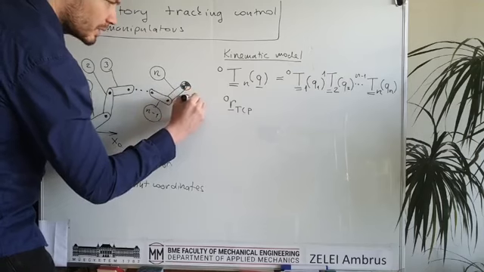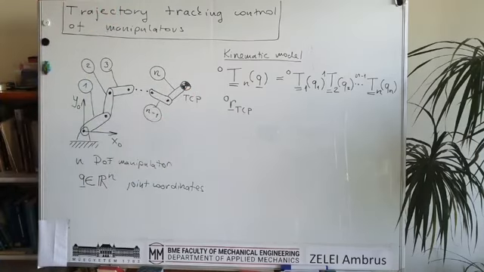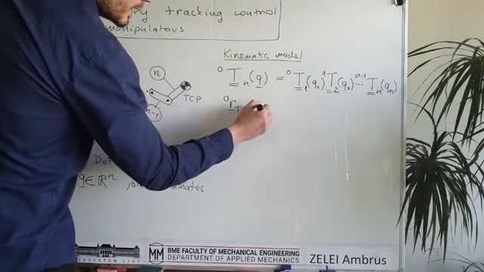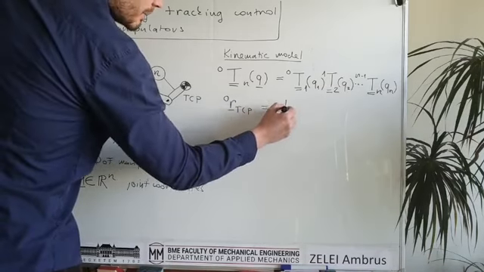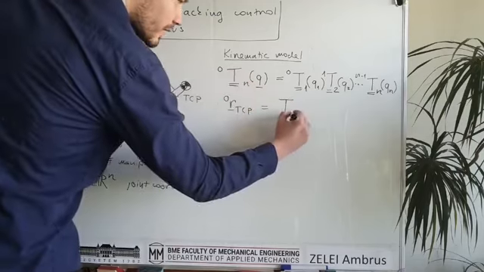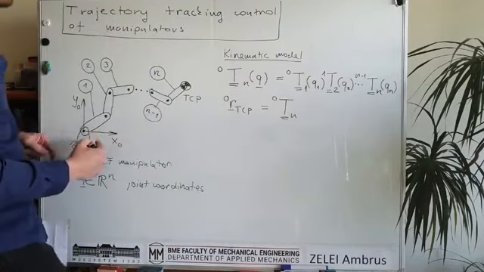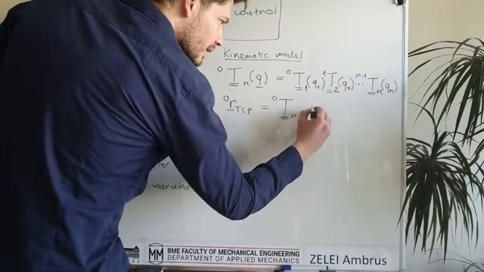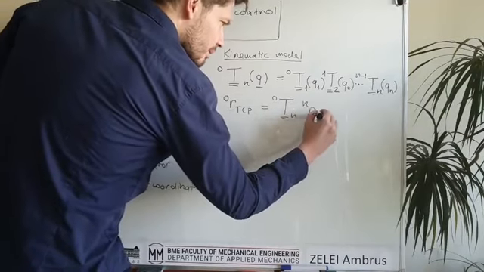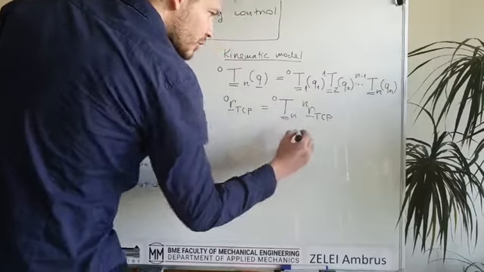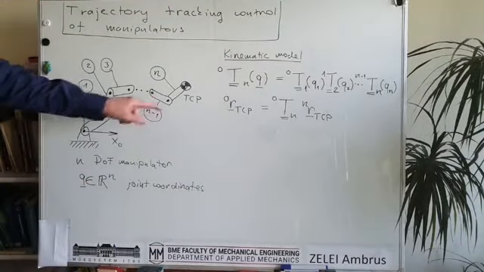Okay, this is the tool center point, and its position is given by this homogeneous transformation matrix from the last coordinate frame to the zeroth one times the TCP position in the last frame.